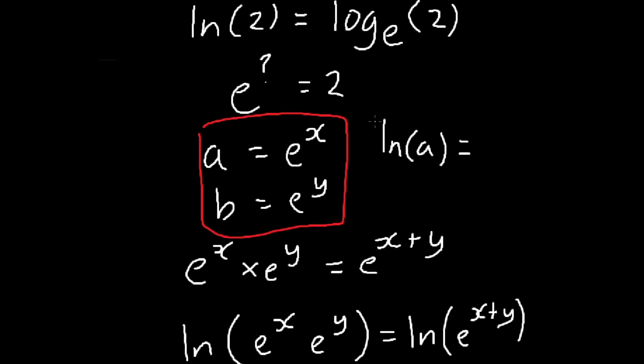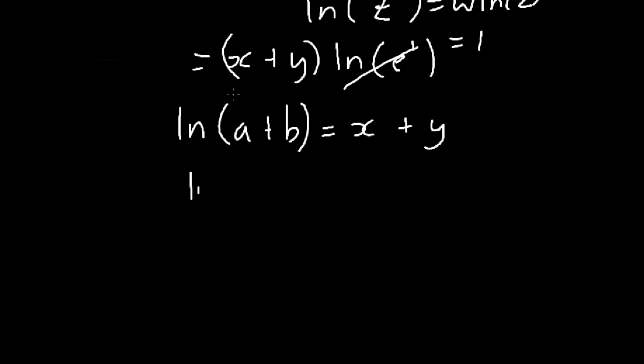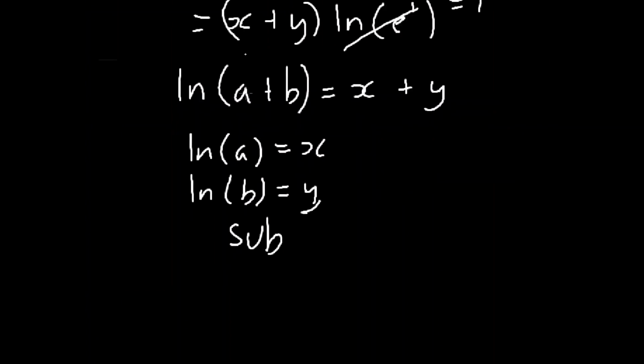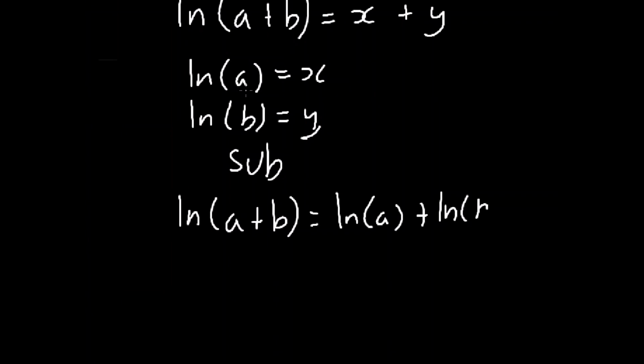I can either just flip it around using our knowledge of how that works, or I can apply the ln to e to the x here, bring out the x, and then cancel out that there. So that's what I'm going to write: ln of a is equal to x, ln of b is equal to y. So now substitute, and we finally get ln of ab is equal to ln of a plus ln of b. And that is where we leave it. That is the final solution there.